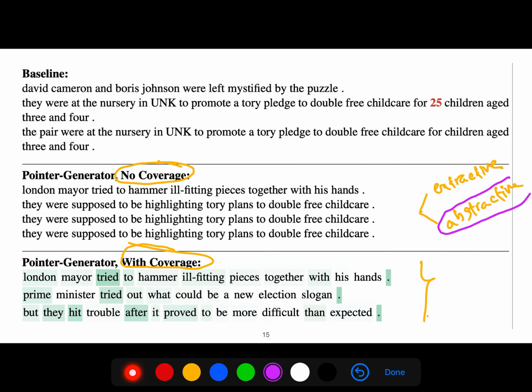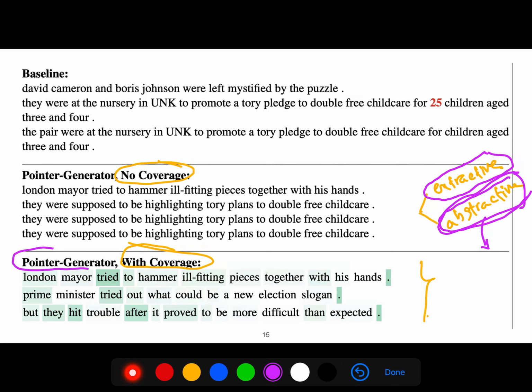So in abstractive, we use lots of paraphrasing. Your sentences are beautiful, artistic. And so humans tend to do abstractive. But machines just pick some subset of sentences, and it is extractive.